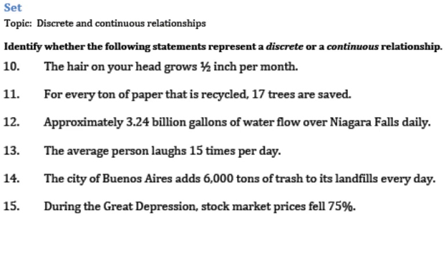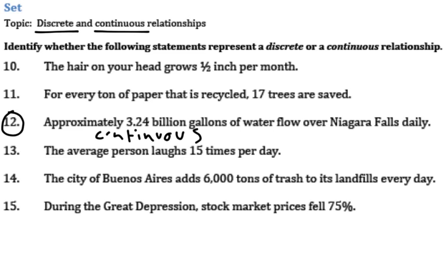All right, now this one, discrete and continuous relationships. So the way to think about it is discrete just means that there's only certain places. There's not stuff in between. Continuous, there can be something in between. A good example here of continuous would be number 12.